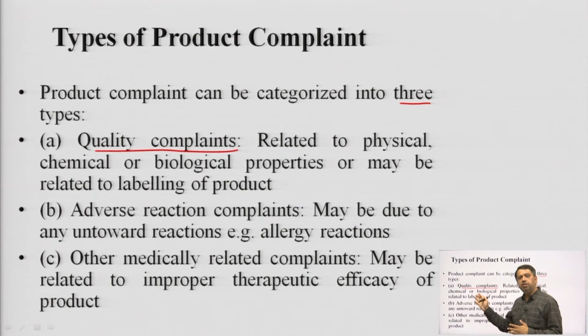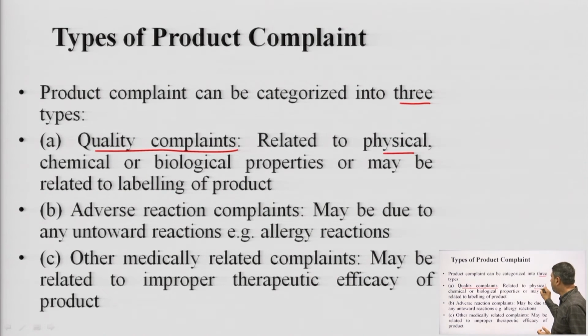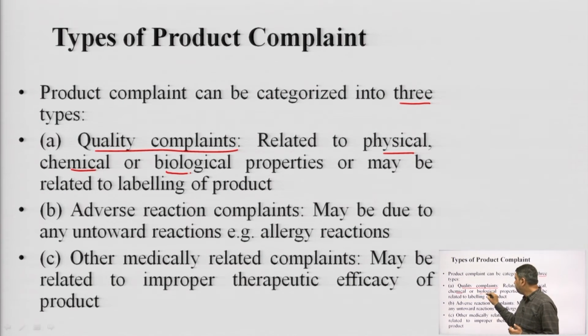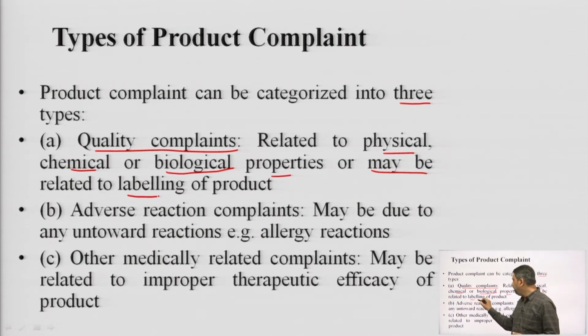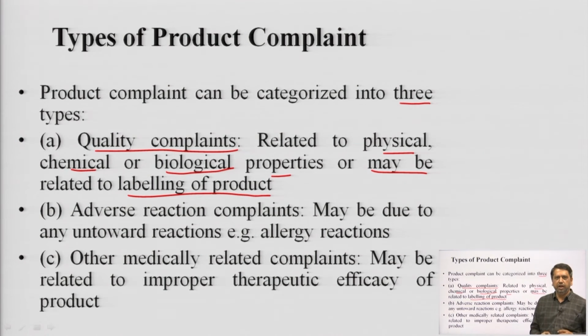The first type is the quality complaint. These quality complaints are basically related to the physical, chemical, biological properties of any product, and may also be related to the labeling of the product. Certainly these are all things related to the quality of the product, and that is why these kinds of complaints are classified as quality complaints.